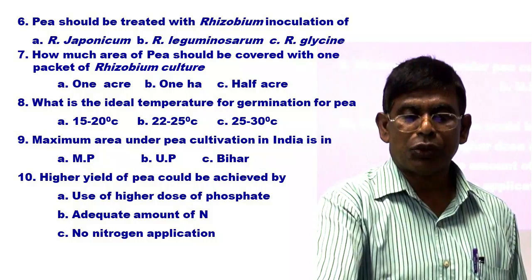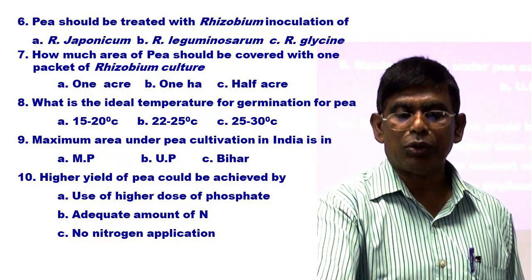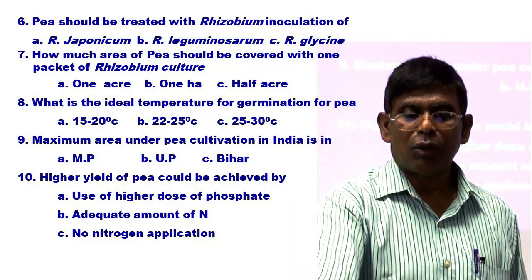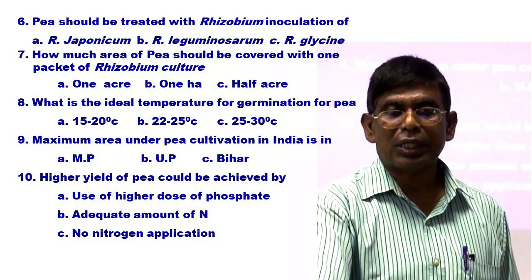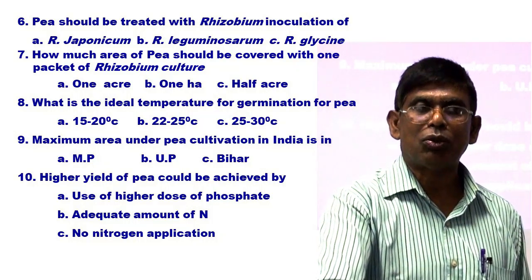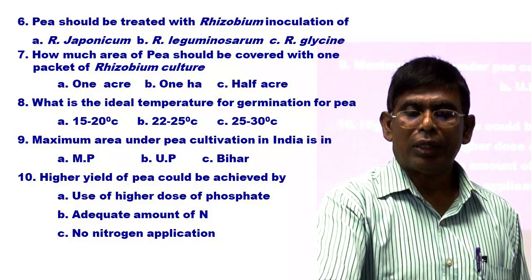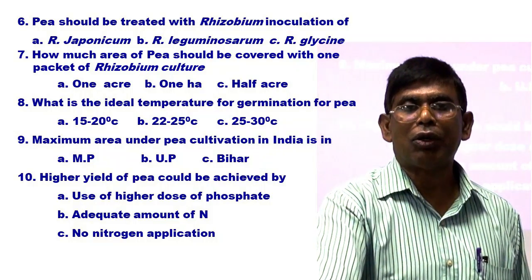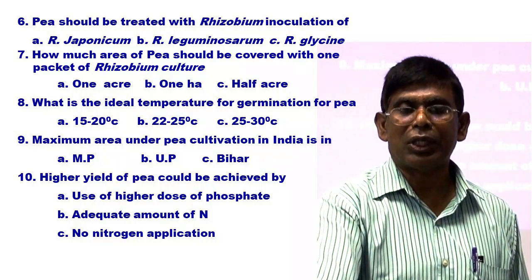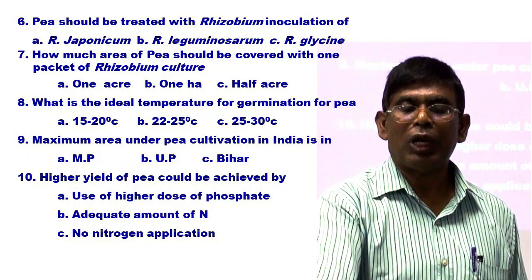And the last question is, higher yield of pea could be achieved by use of a higher dose of phosphate, adequate amount of nitrogen, or no nitrogen application. I discussed that you have to apply a starter dose of nitrogen, that is 20 to 25 kg, for the first stage of growth, and an adequate amount is harmful because it is able to fix atmospheric nitrogen, and it can meet its own nitrogen requirement through nodule activity.